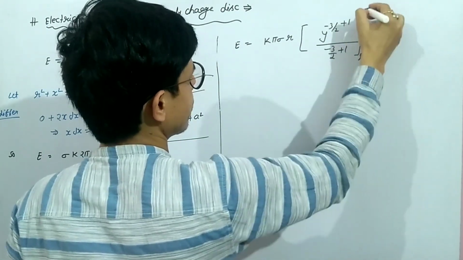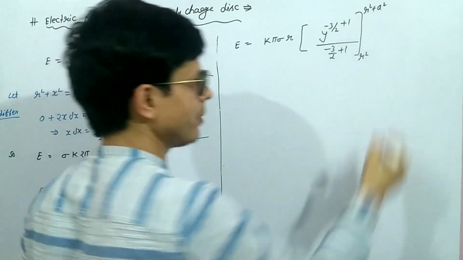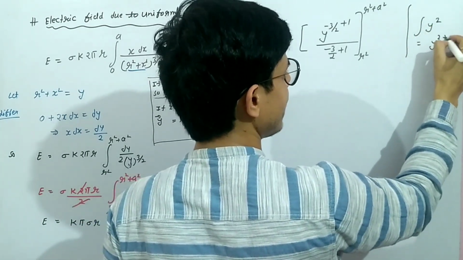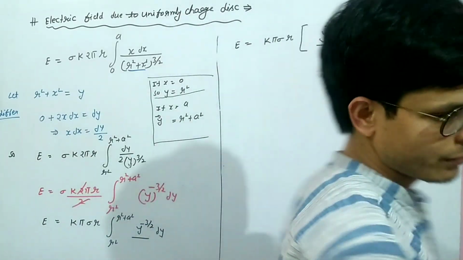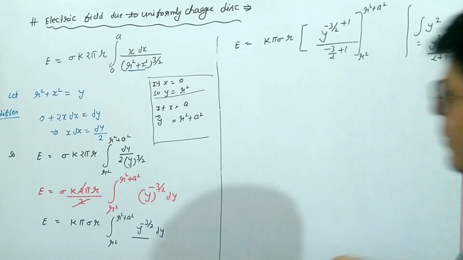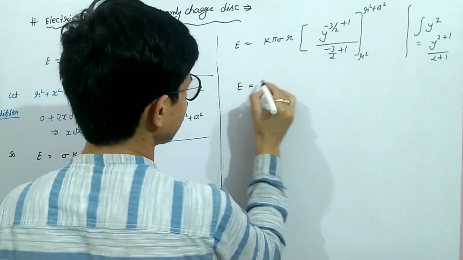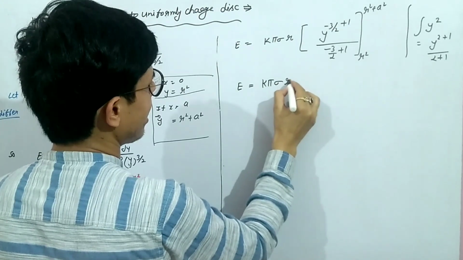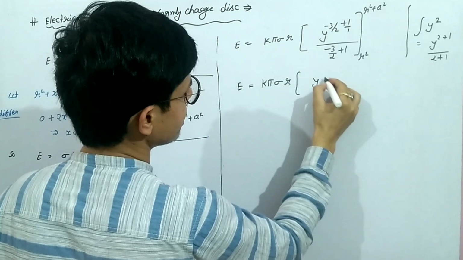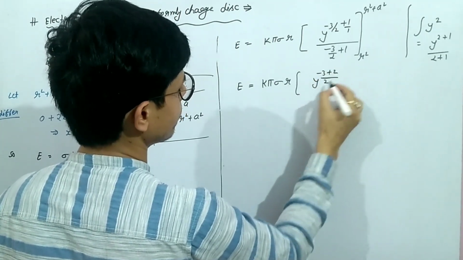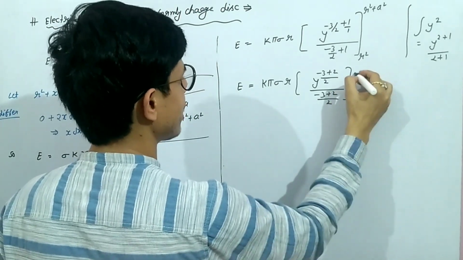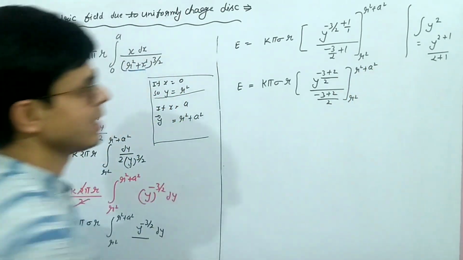The limit will be r square to r square plus a square. Everybody knows how to integrate. Like when we integrate y to the power 2, how will we integrate y? We will add 1 to the power and divide by the same term. So here y to the power is minus 3/2, so we will add 1 and divide by the same term. So now equal to k pi sigma r, it will come y to the power, here 2 is LCM, minus 3 plus 2 upon minus 3 plus 2 over 2, limit is r square to r square plus a square.